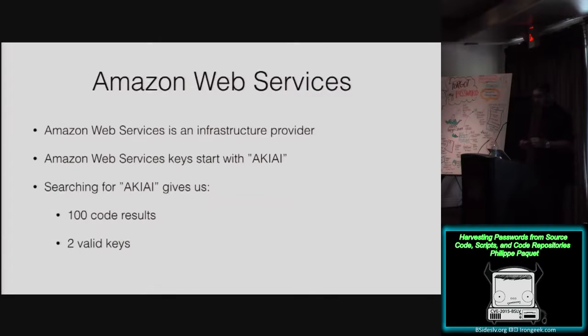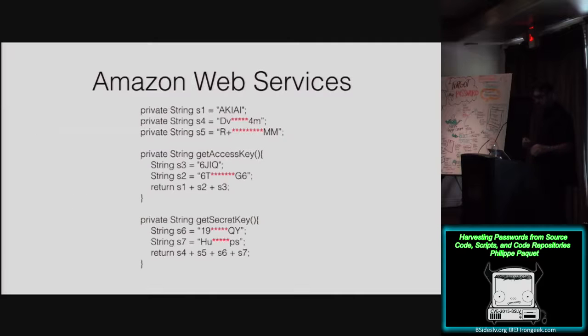Amazon Web Services, as most of you are familiar with, is an infrastructure provider. What is particular is that their API key starts with AKIAI. So if you just search AKI, you get 100 code results, you get 2 valid keys, and you get something kind of interesting.